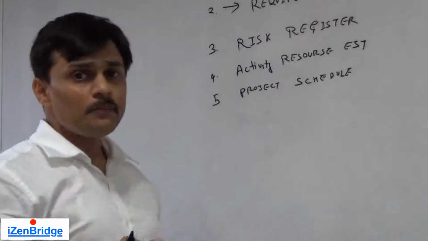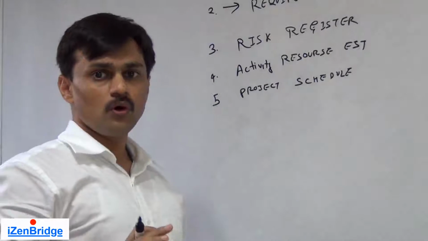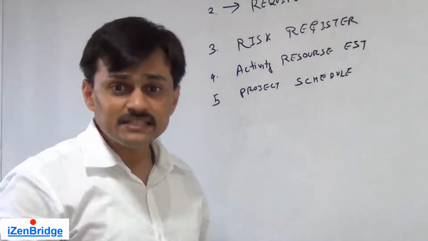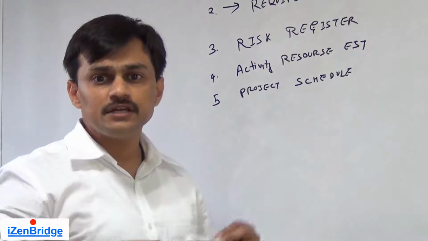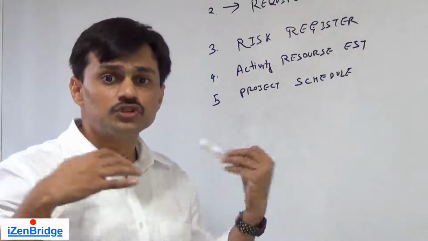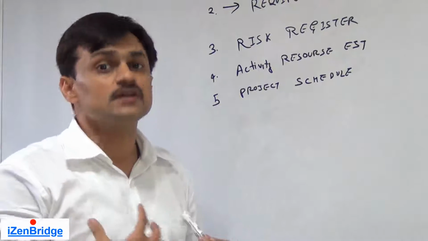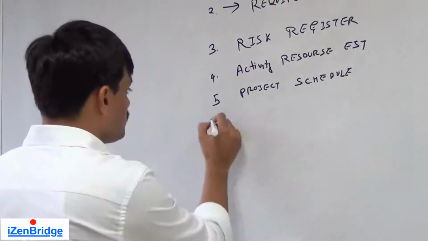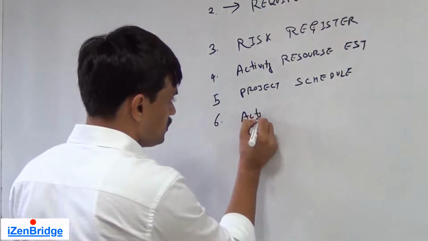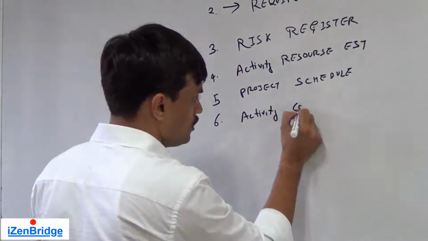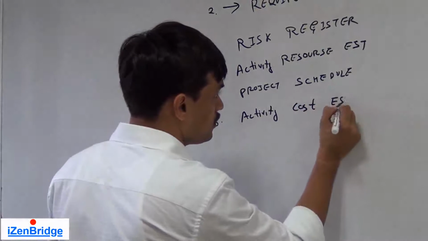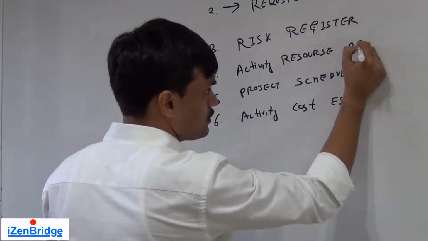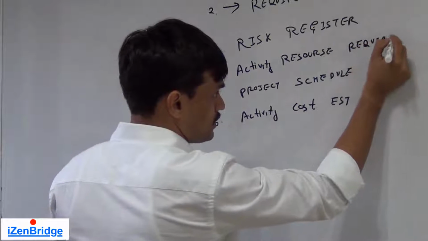While planning a procurement, we also need to conduct a make or buy decision. And activity resource requirements, activity cost estimates and the project schedule give us information about making it. So we need these inputs. Activity resource requirement is the right term rather than estimate.